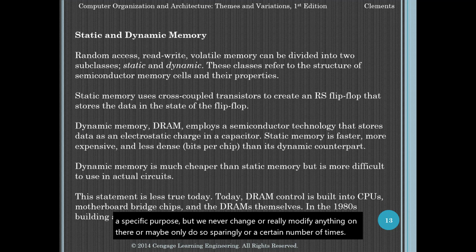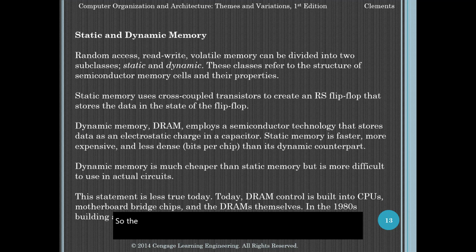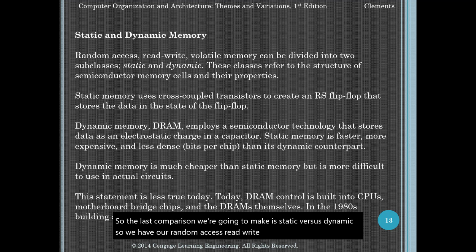So the last comparison we're going to make is static versus dynamic. So we have our random access, read-write, and volatile memory, and these can be divided into our two subclasses, static and dynamic. And these classes refer to the structure of the semiconductor memory cells and their properties.